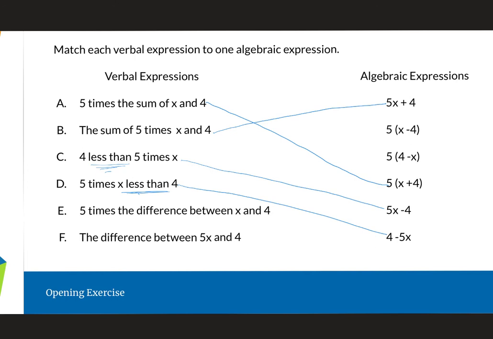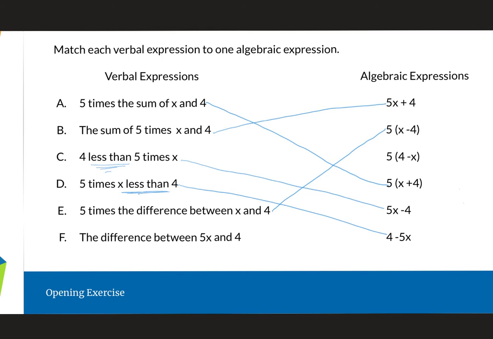So we have that quantity or that expression of x minus 4, and we're going to multiply that entire expression by 5. And then last but not least, we have the difference between 5x and 4.